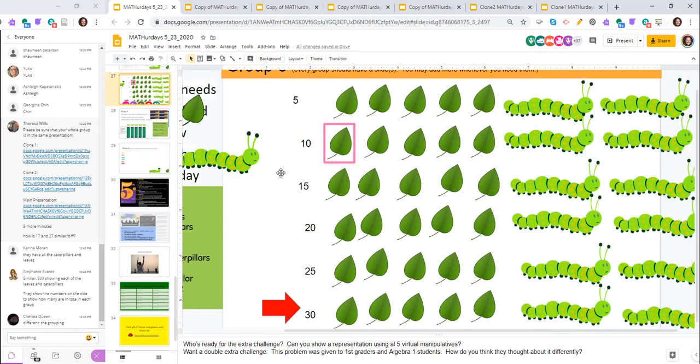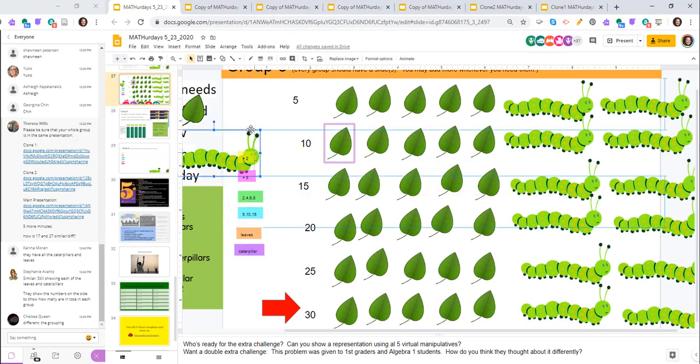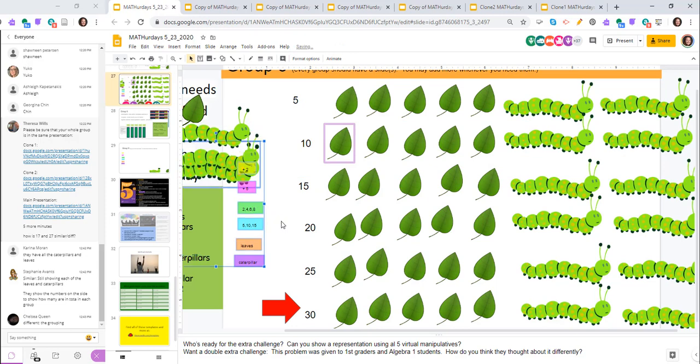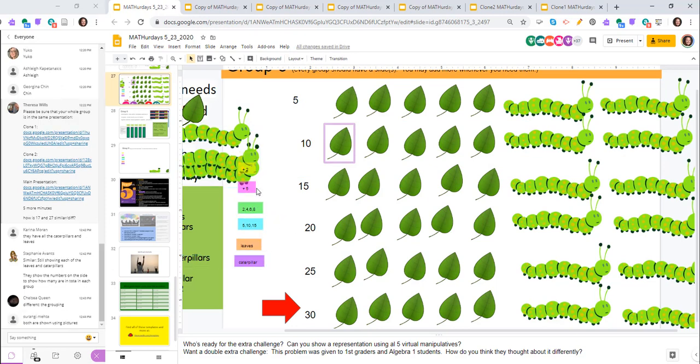Right, so I have these little transparent pieces here that I like to move on top of the work that my students do. And so in this one, I can definitely see this like +5 happening over here. And I can see the +2 happening over on the other side.